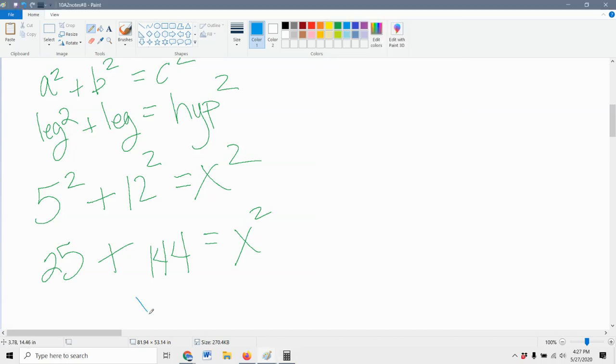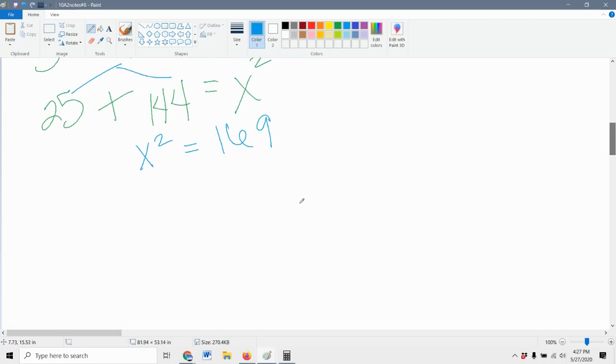That sometimes just helps us avoid making mistakes. I'm going to flip these sides, and we're going to find out that x squared is equal to 169. Of course, 169 is these two numbers added together. And in order to get our side length, we want to take the square root of both sides, and then we'll learn that x is equal to 13.